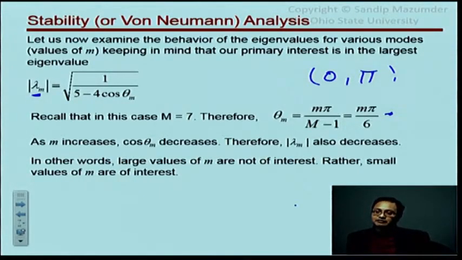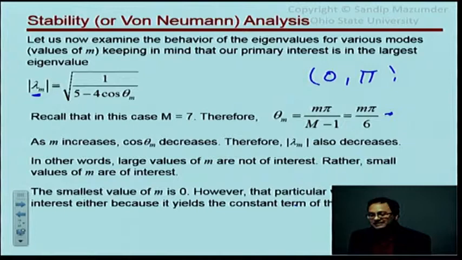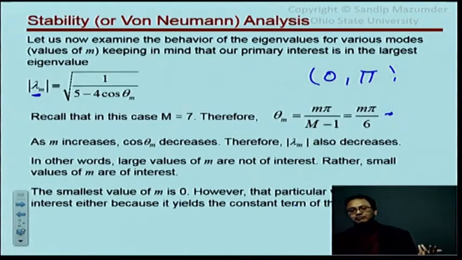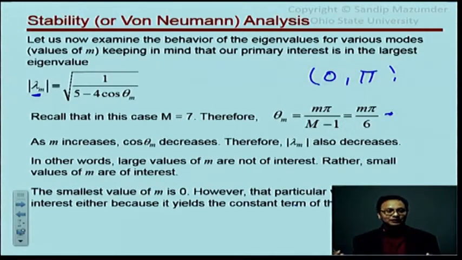Now what is the smallest value of m? Obviously 0. But 0 basically gives us the constant term of the Fourier series. I talked about this before, because you have e to the power I theta m. So when theta m is 0, you basically get amplitude times nothing. It's a constant. It's not a wave. It's like when we write polynomials, we start with a constant, then we have x, x squared, and so on. Same thing with the Fourier series.